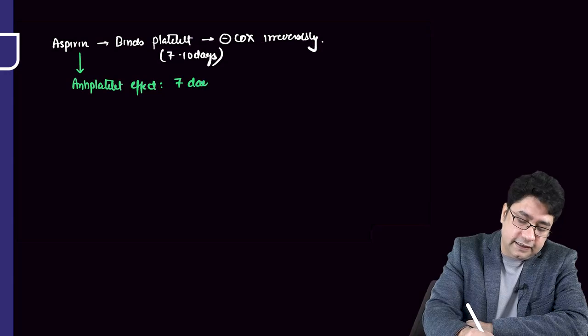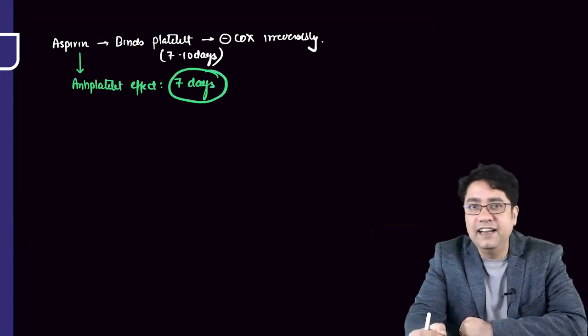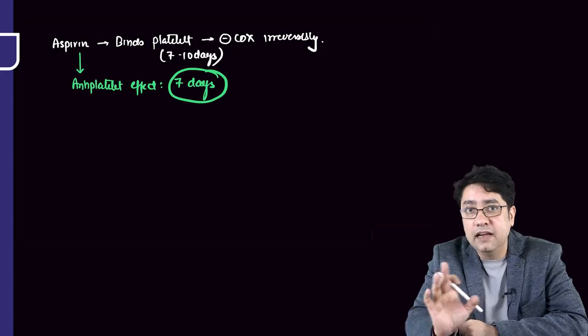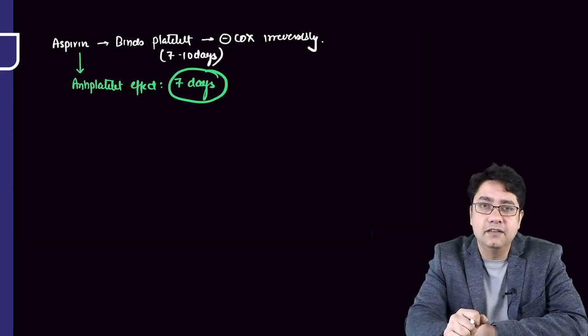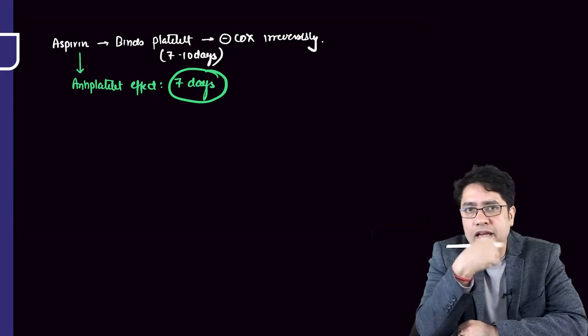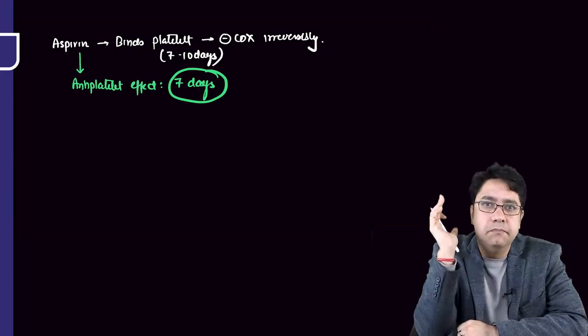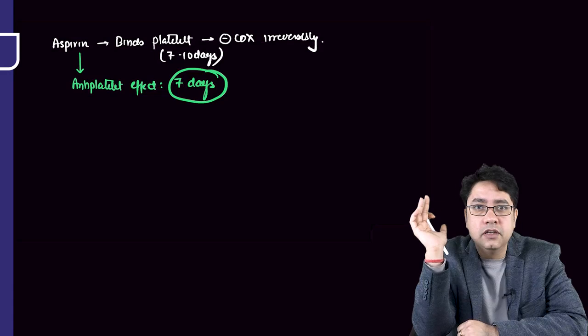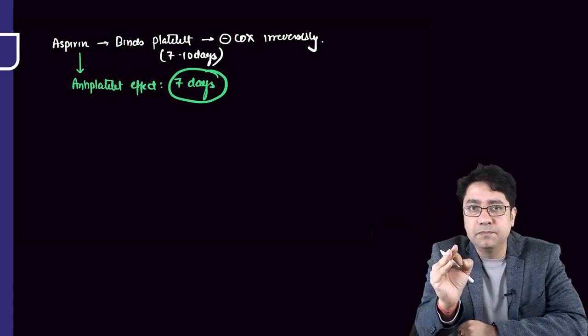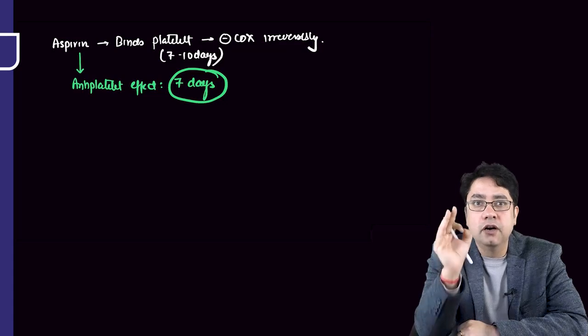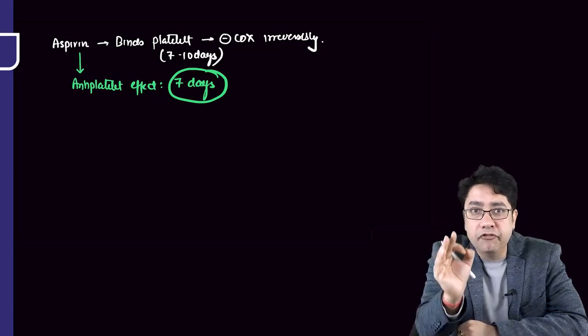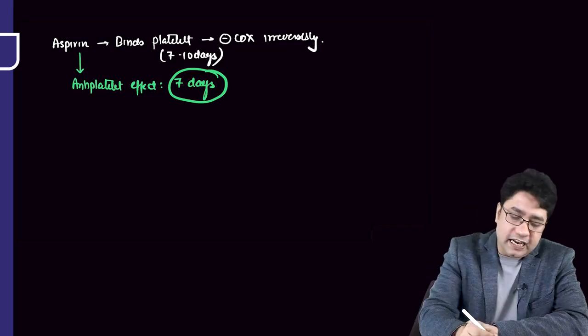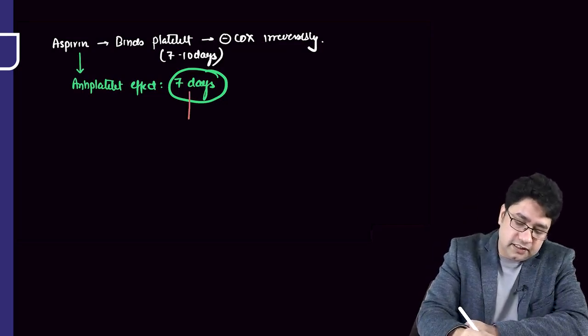I'll write 7 days because it is binding to platelets irreversibly and you will not find aspirin in the blood. Antiplatelet drugs can cause bleeding, and we don't want bleeding during surgery. So an antiplatelet drug like aspirin should be stopped how many days before surgery? Aspirin should be stopped 7 days before any major surgery.